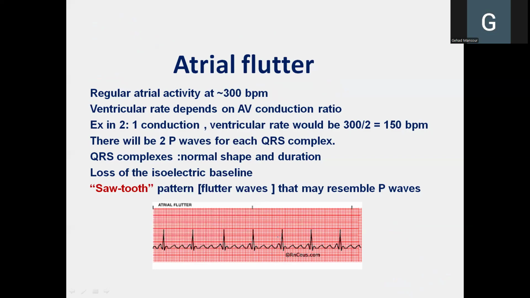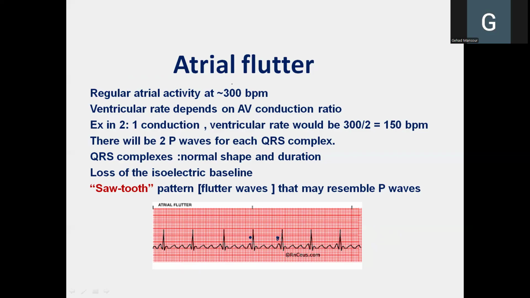So this is a P wave and this is another P wave. And the number of big squares between them, I can see well. So what you do is to divide 1,500 by the number of small boxes between the two successive P waves, or divide 300 by the number of big boxes.